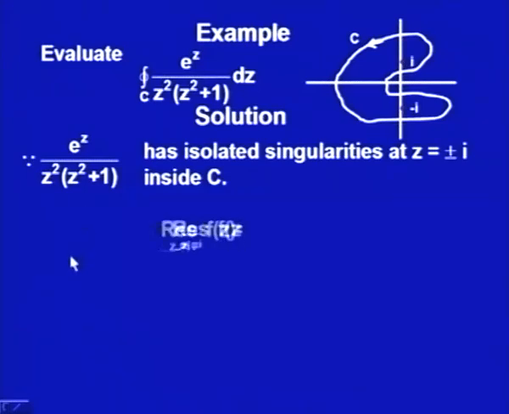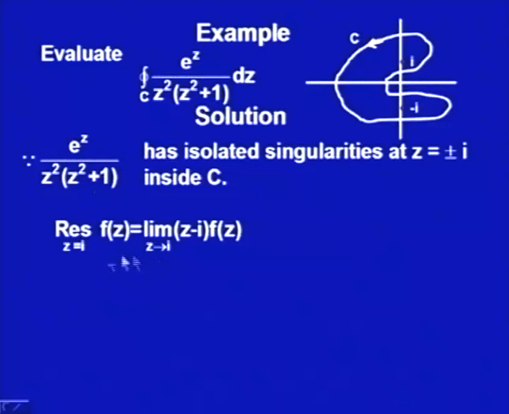First, find the residue at z equal to i. Again we are going to use the first method: residue at any point z naught of f z is the limit as z approaches z naught of z minus z naught into f z. Here z naught is i. So, this would be the limit as z approaches i of z minus i into f z.